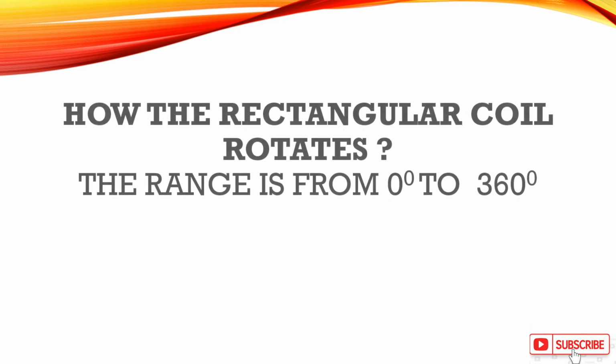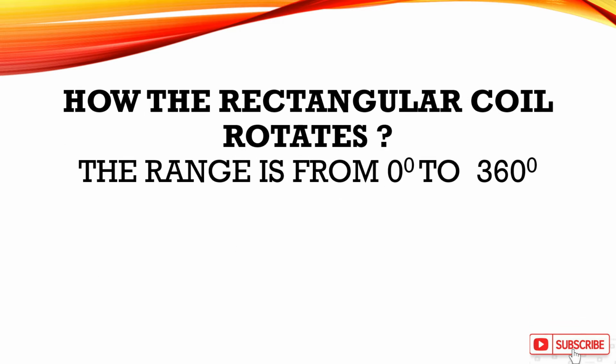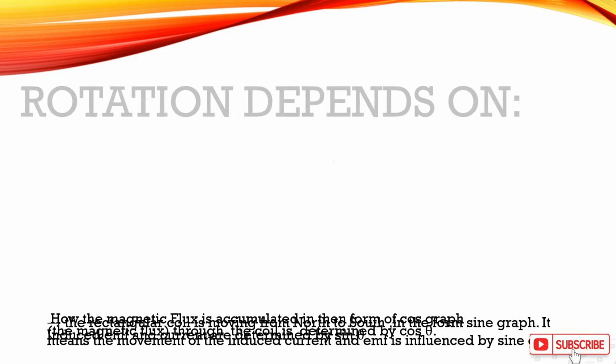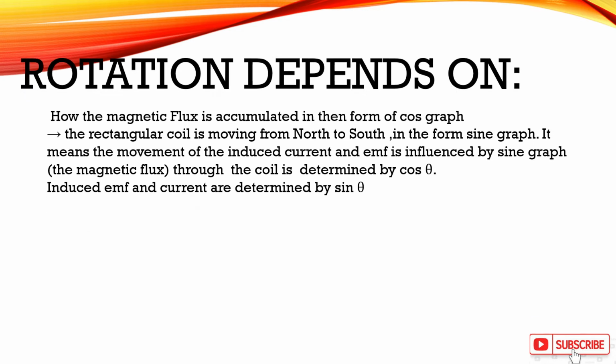Then how a rectangular coil rotates. The range is from 0 degrees to 360 degrees. Rotation depends on how the magnetic flux is accumulated in the form of a cosine graph. Then the rectangular coil is moving from north to south in the form of a sine graph.